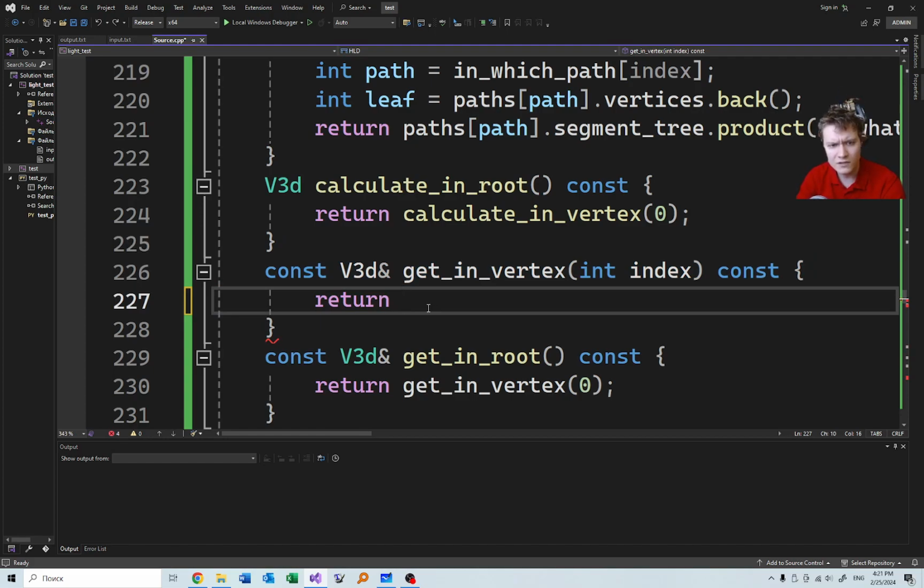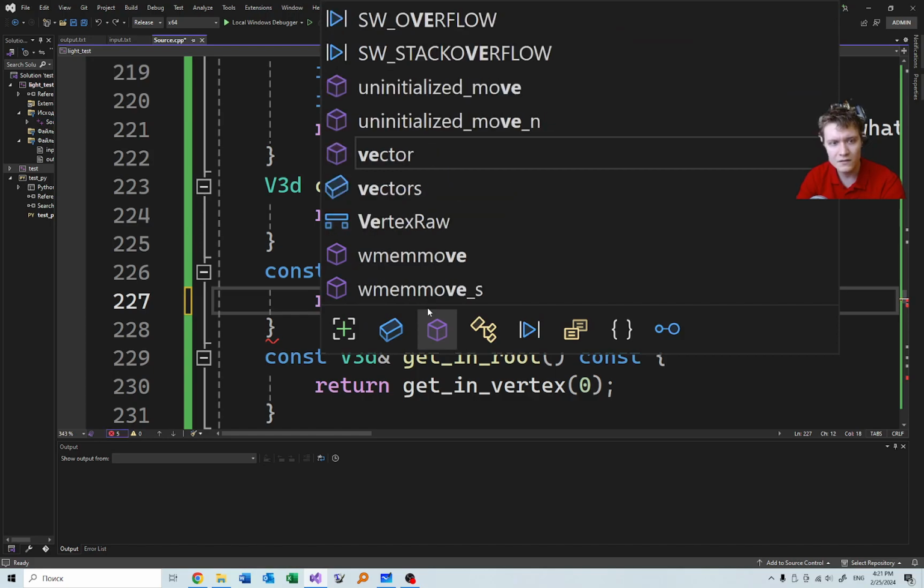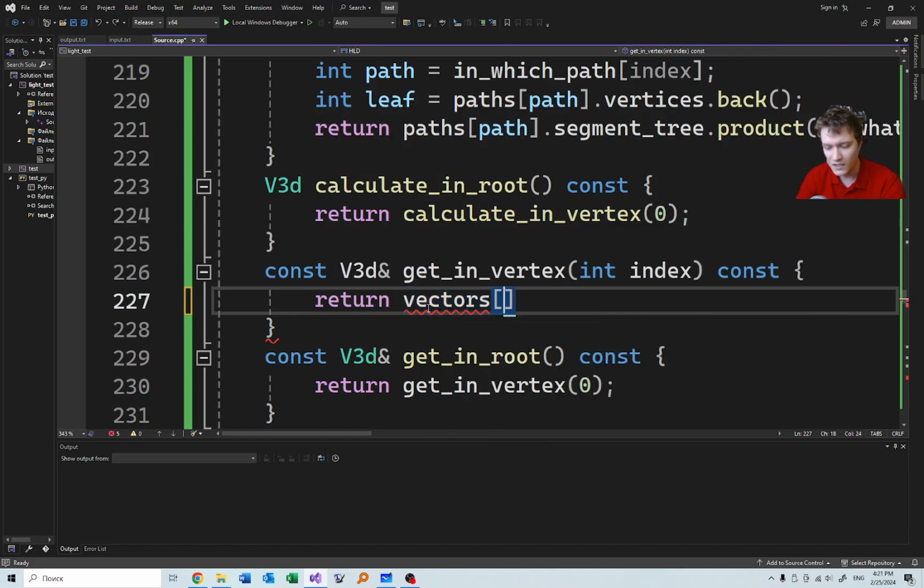So get in vertex is simply return vectors index. Yes.